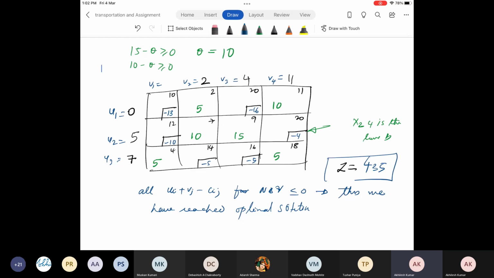Had you been using Vogel's or the least cost method, you would have required only one iteration. Because you have used an inferior method, the northwest method, you had to do 2 iterations. Otherwise, you could have found this 435 in just 1 iteration had you used the initial basic feasible solution from the least cost or Vogel's approximation method.